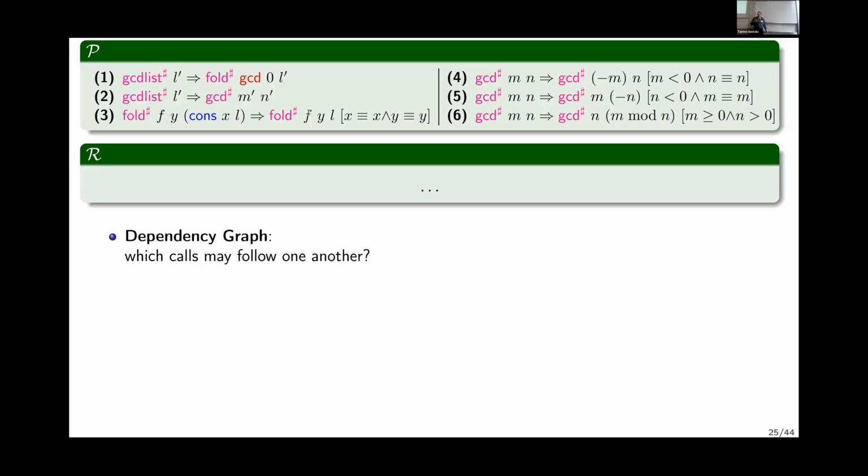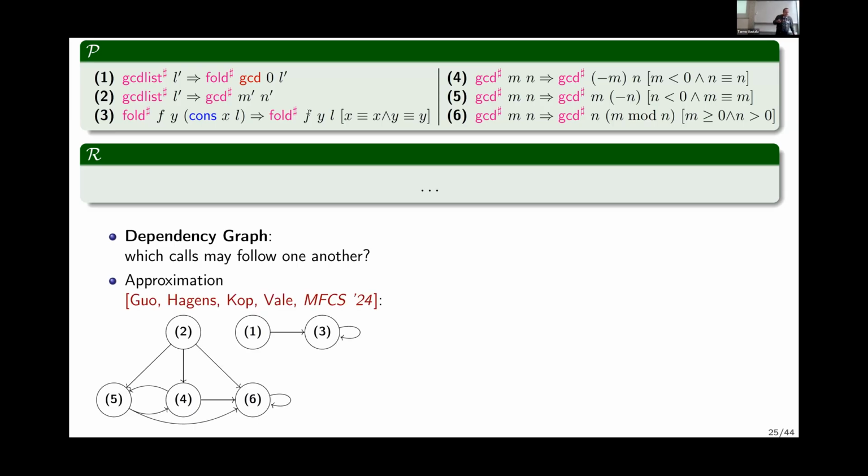The first processor is called the dependency graph processor. It tells us which of the function calls may follow one another. For example, up here, GCD list calls fold, and the next function call would then have to be a fold call. So we have only a single rule for fold, or a single dependency pair for fold.